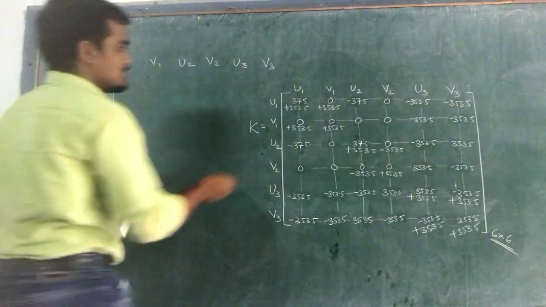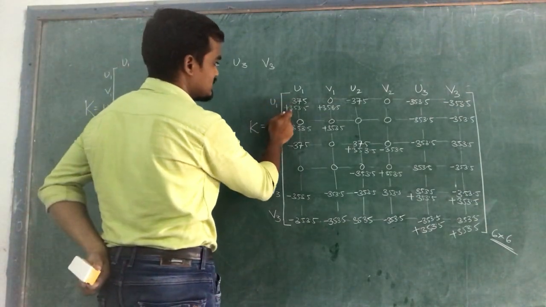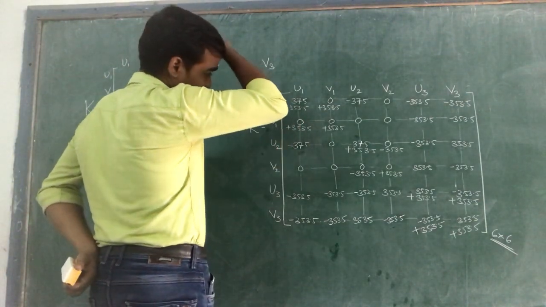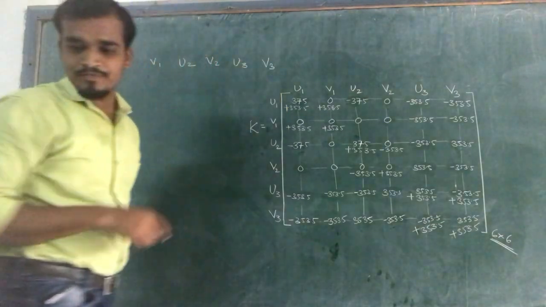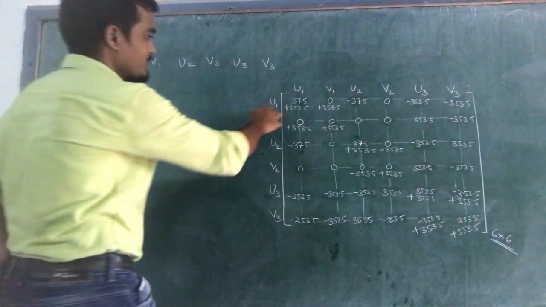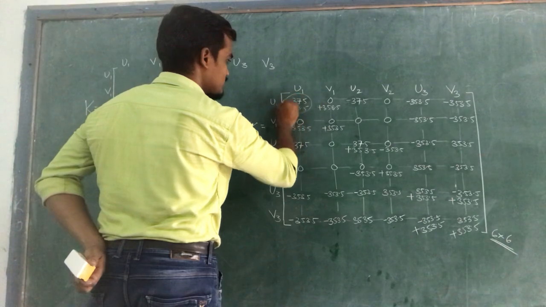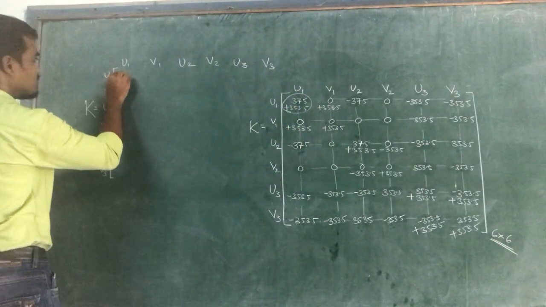Okay. So 375 plus 353.5. So what is the value? 728.5. This simplification is 728.5.